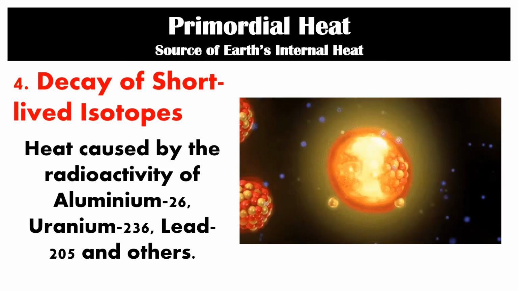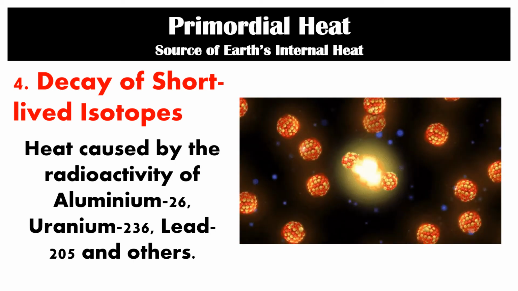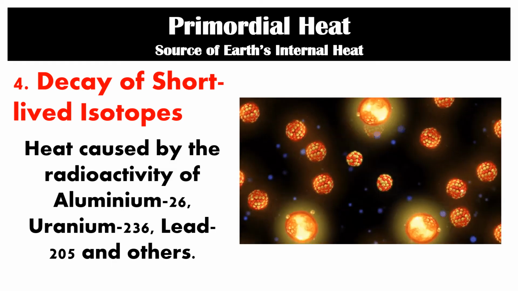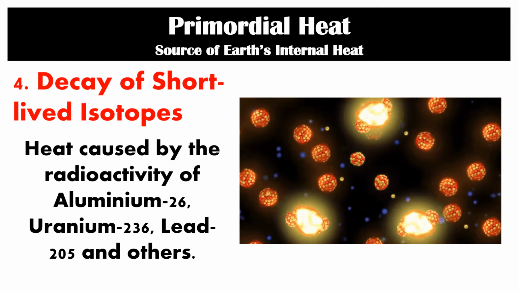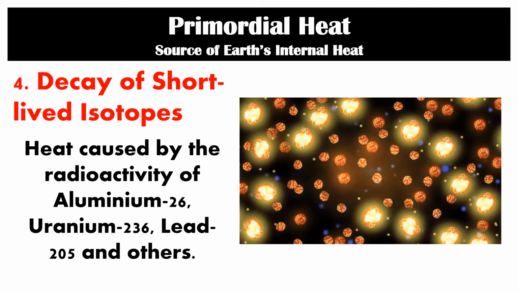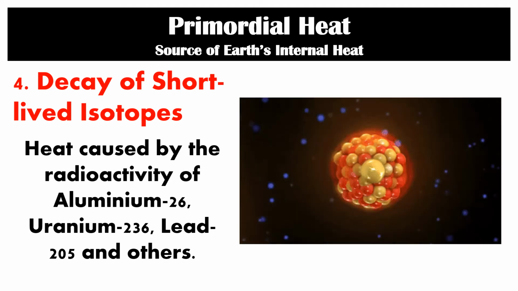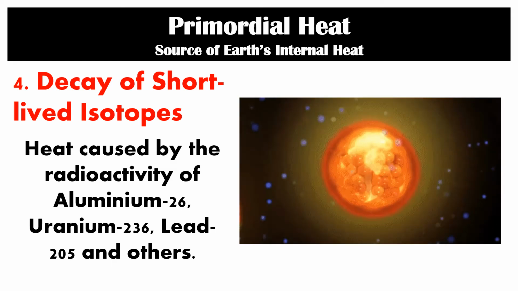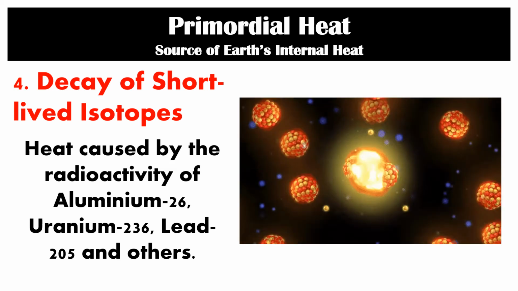It could be a planet, an asteroid, or a star. And their radioactivity will cause heat. And since they are short lived, these elements are no longer existing in our planet. We only know that they have been the source of primordial heat dahil sa mga end products na present pa ngayon sa planeta natin. And of course, as we study other celestial bodies.